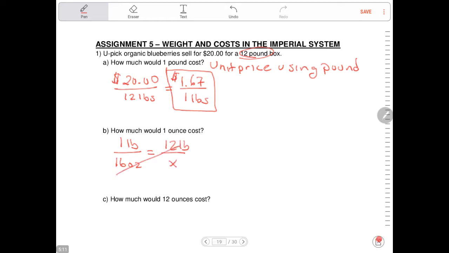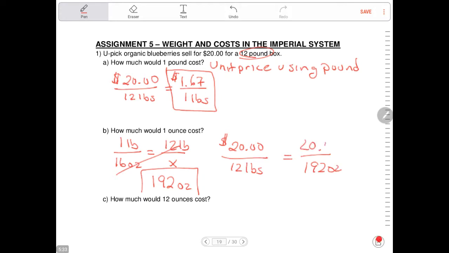Cross multiply and divide, so 16 times 12 divided by 1 is 192 ounces. Now the price hasn't changed, so if it was $20 for 12 pounds, well, didn't we just change 12 pounds into 192 ounces? Yes, we did. So it's $20 there as well. Nothing changed. We just moved the pounds into ounces.